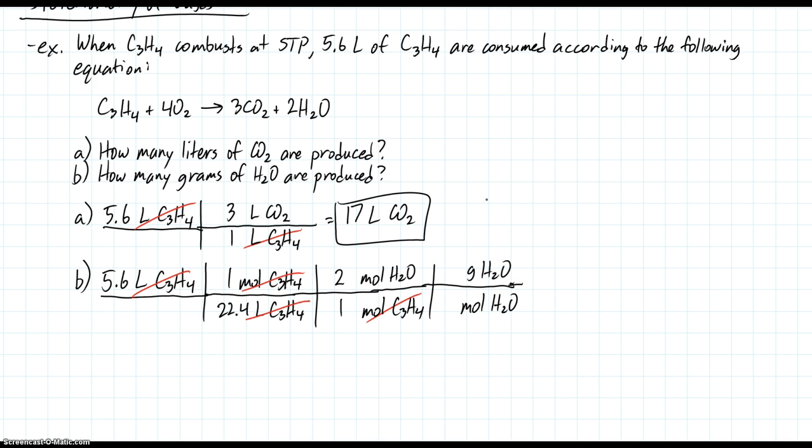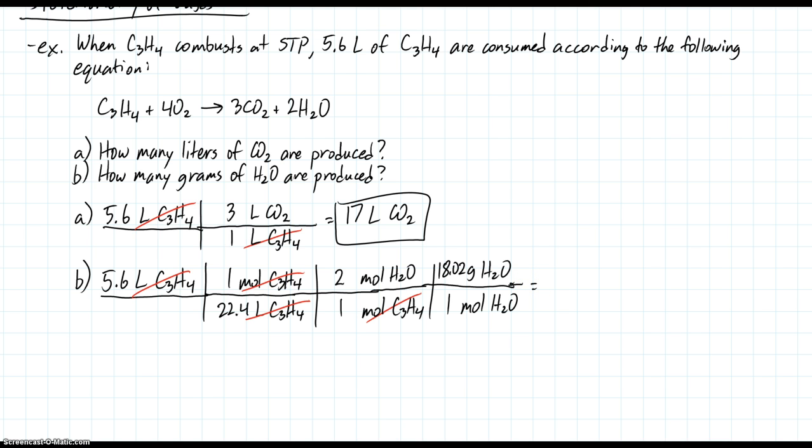Remember that you add up the molar masses of all the atoms in the compound using the periodic table. So here we have 2 hydrogens, each of which is 1.01 grams per mole, plus 1 oxygen, which is 16.00 grams per mole. That gives us a total of 18.02 grams of H2O for 1 mole of H2O.